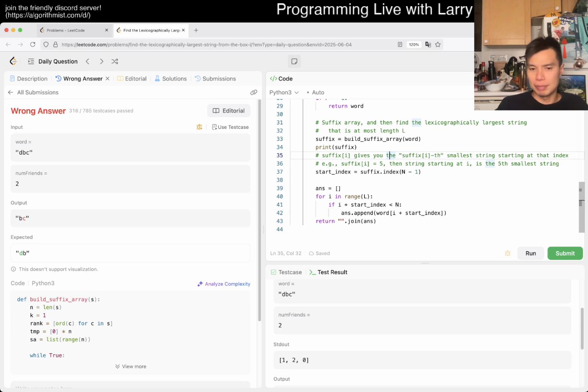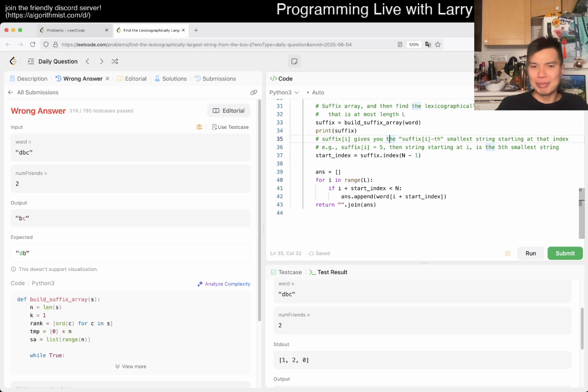Oh, wait, no. Wait, what? Sorry, give me a second, friends. I think I'm inverting something, like I'm mapping it incorrectly.